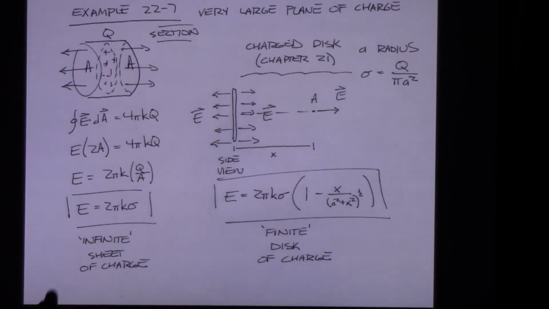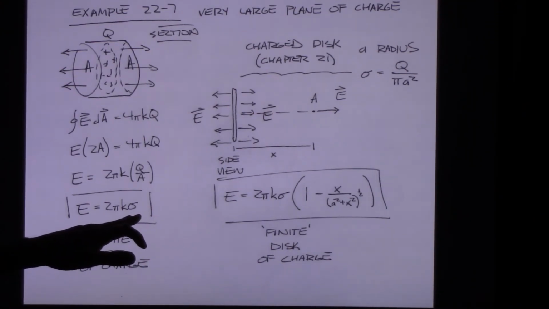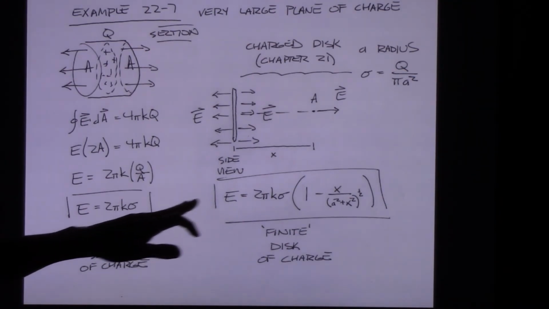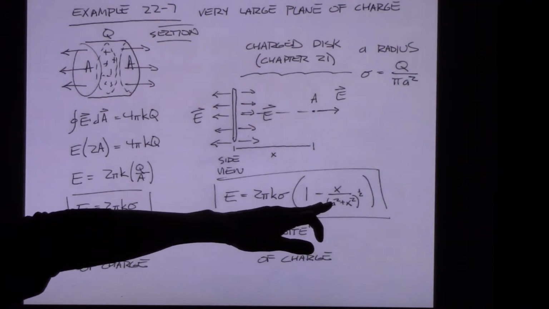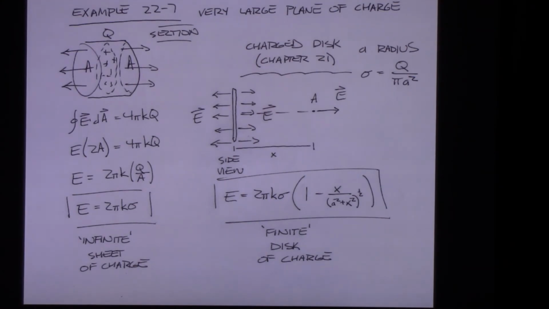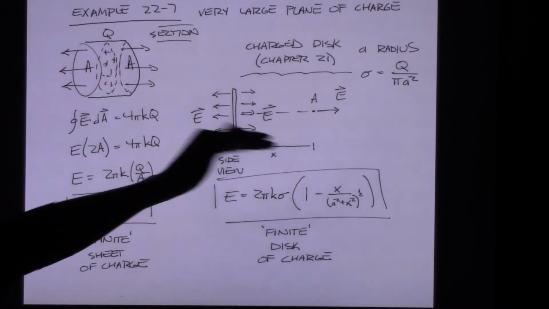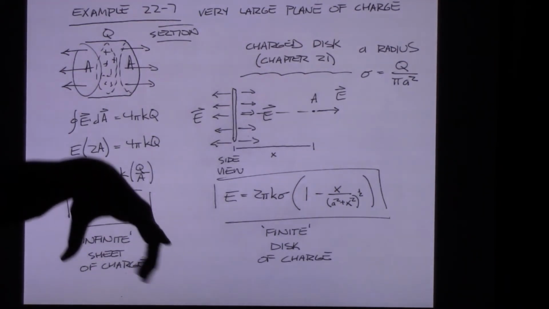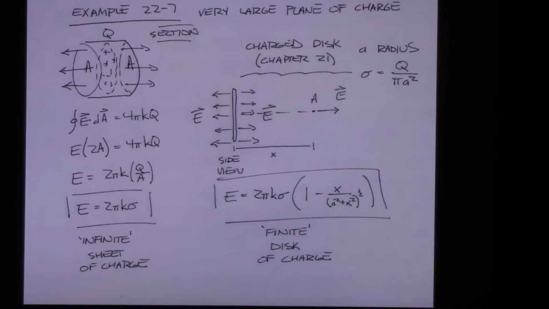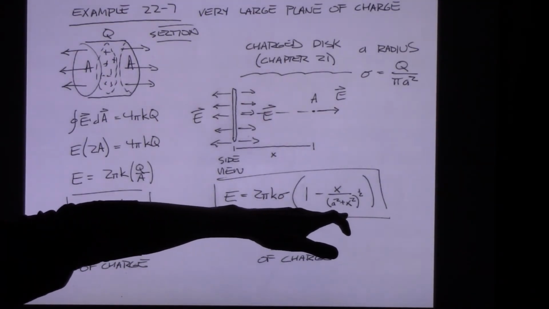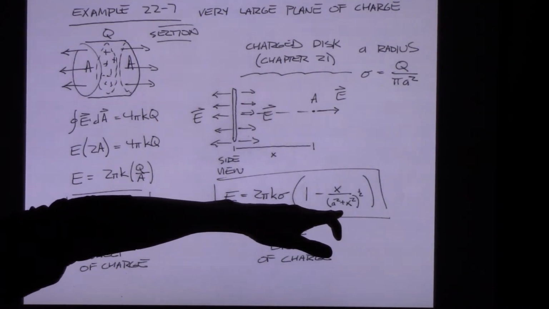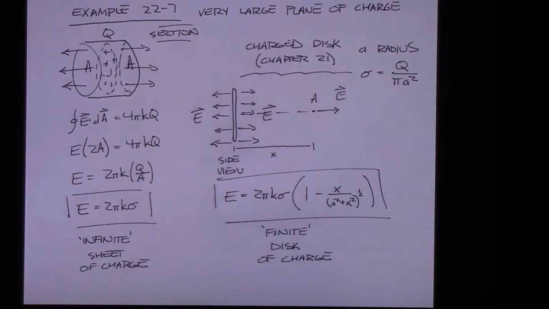Right at the surface, Gauss's law does a very admirable job. But as we move away from the surface, Gauss's law is going to be only an approximation. In reality, the E field, as we move along the axis away from that circular disk of charge, is going to be dropping off with distance.